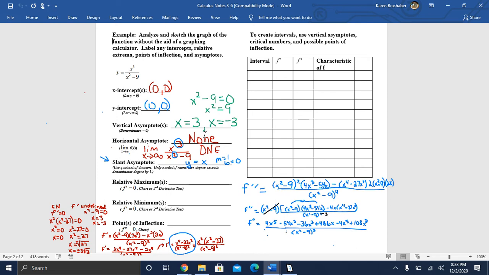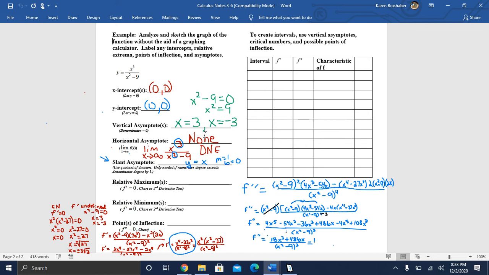Combine your like terms, and we'll have f double prime equaling, and unbelievably, things will cancel. You'll end up with 18x to the third plus 486x over your denominator of x squared minus 9 to the third power. And that 18 will factor out.